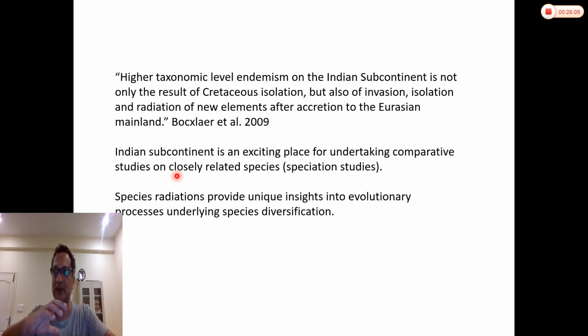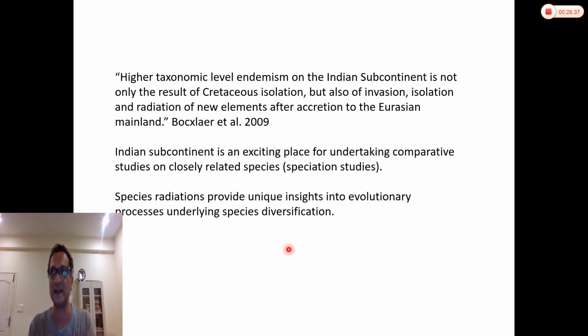You have langurs in the semi-arid regions at the edge of the desert, a different species. Then you have langurs in evergreen forests in the Western Ghats, and the dry zone of peninsular India. They are all related to each other. It's one single radiation, right? So this provides a unique insight into evolutionary processes underlying species diversification.